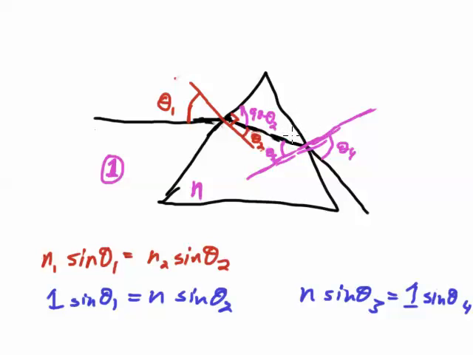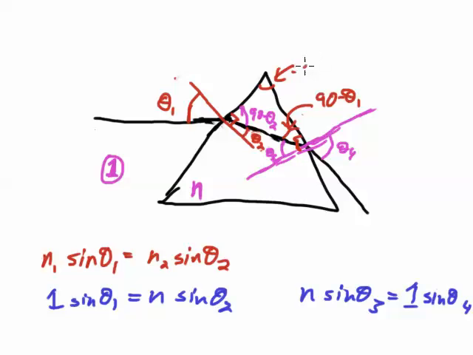And this angle here would be, let's see, what color should I draw that? Red again. This angle here is a 90-degree angle. So this angle here would be 90 minus theta 1.